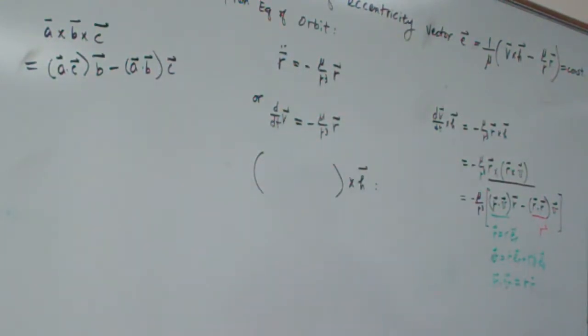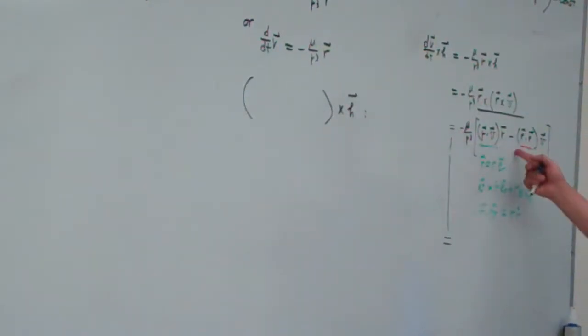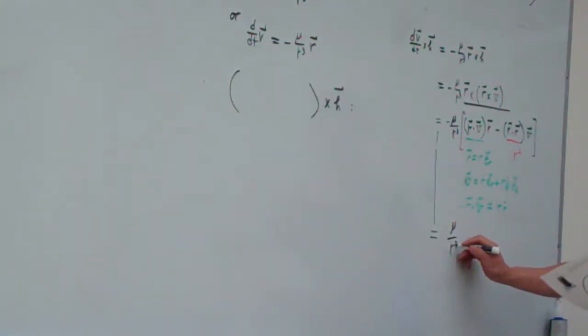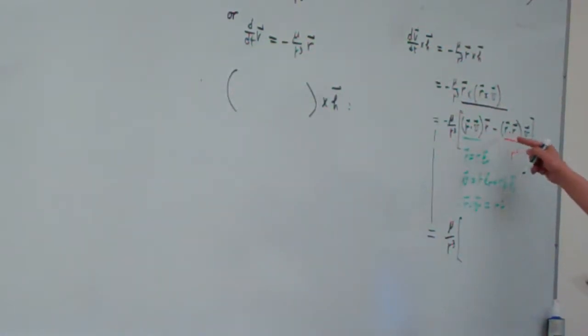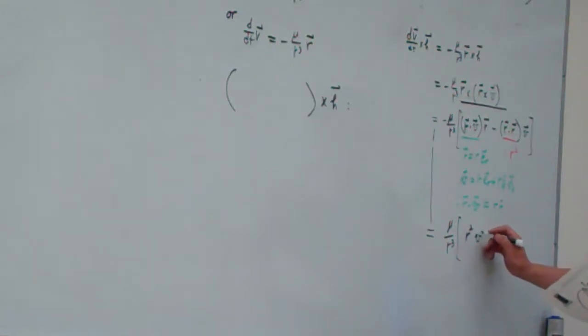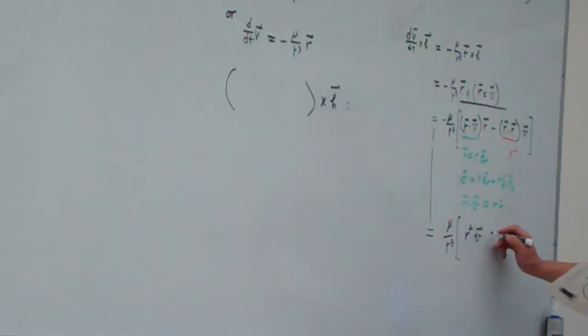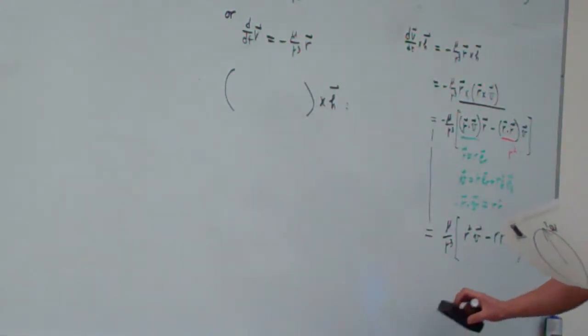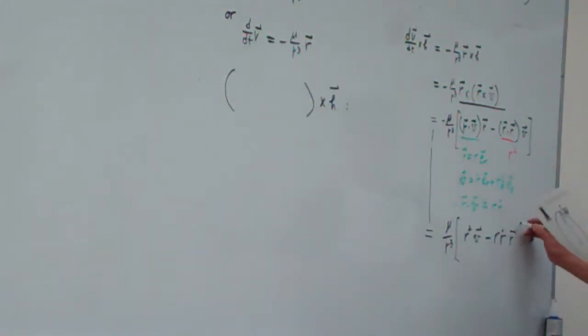Therefore, we arrange the whole thing. This one will be equal to this. There is a minus outside the term, so I put a minus in. This term goes first, so that will be mu over R cubed, with minus times minus giving positive R squared V vector, and then minus R dot R vector.